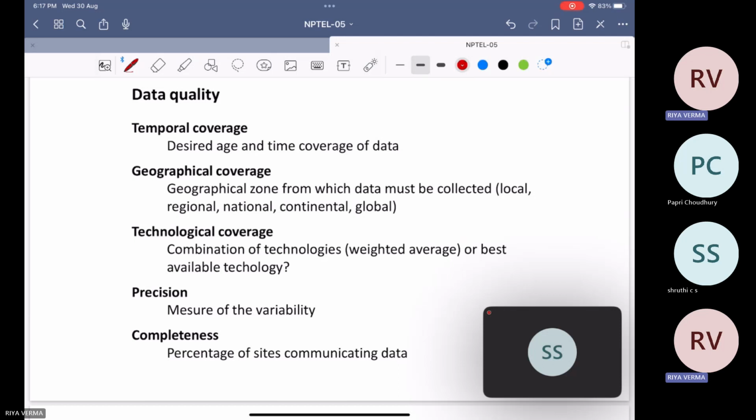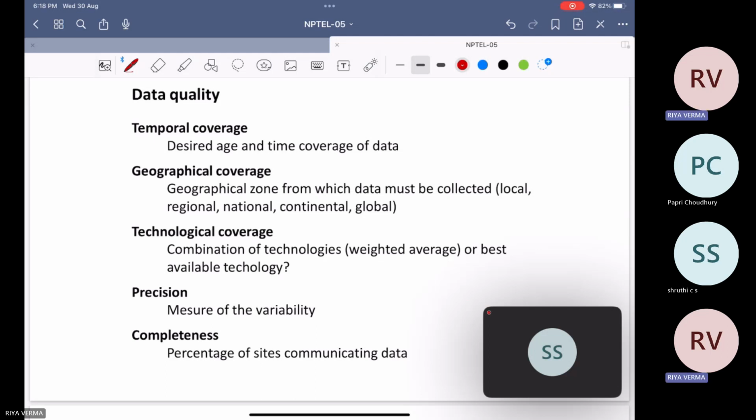For example, if you are conducting an LCA on the municipal solid waste management of, for example, this Gazipur landfill area, we need to have data collected from the geographical zone of that area, that is, the local or regional area around that specific landfill site. So this is your geographical coverage.